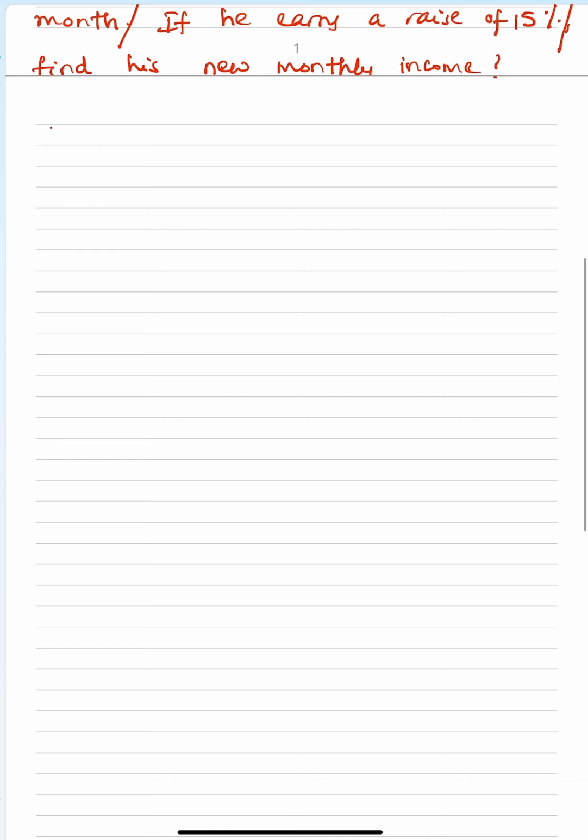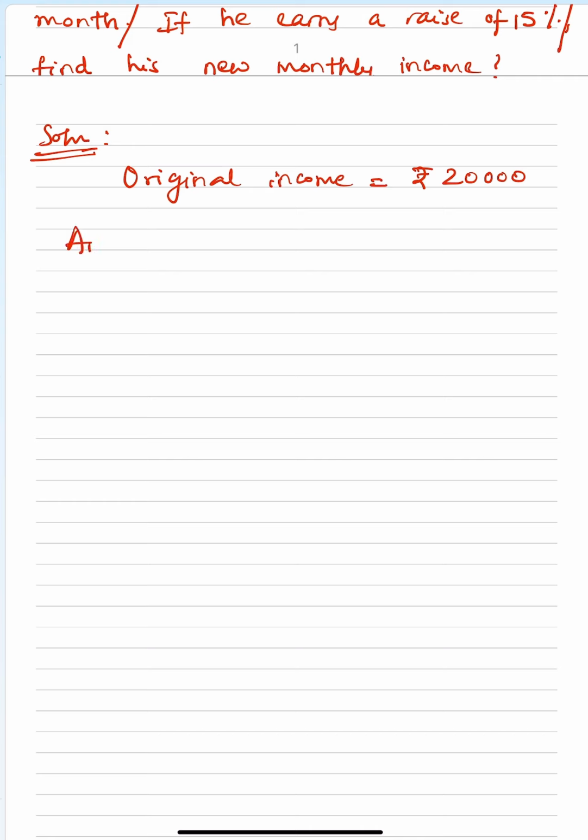Now, first of all, this is the raise in percentage, means increase in percentage. So we will write percentage increase is equal to increase in value upon the original value. So see, original income is rupees 20,000.